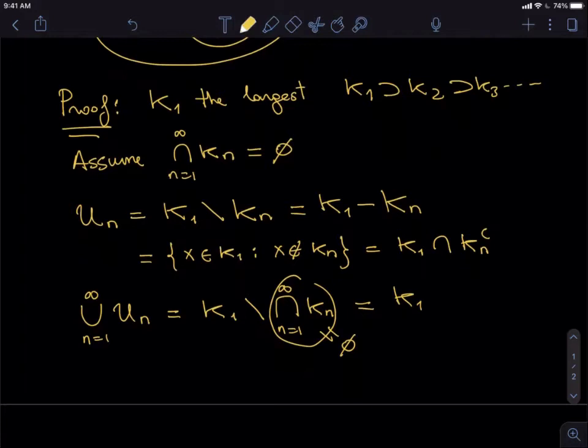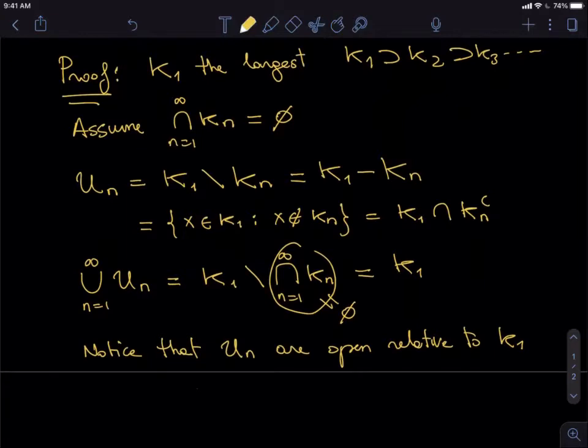But now notice that the U_n are open relative to K1. This is important. They are open relative to K1 because they are the complement of a closed set.